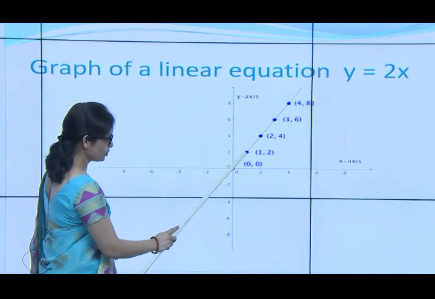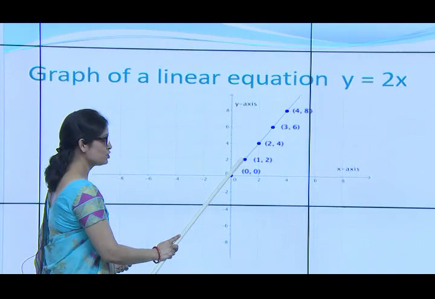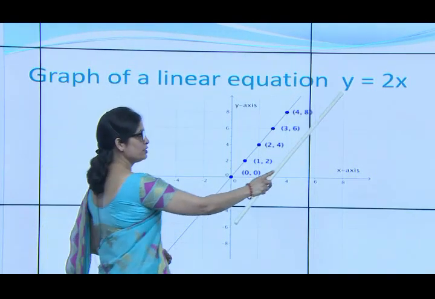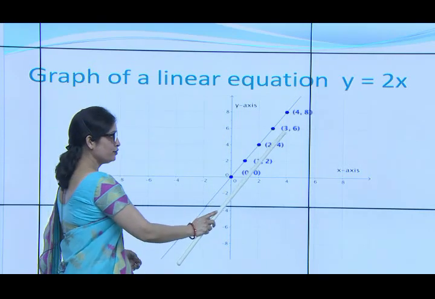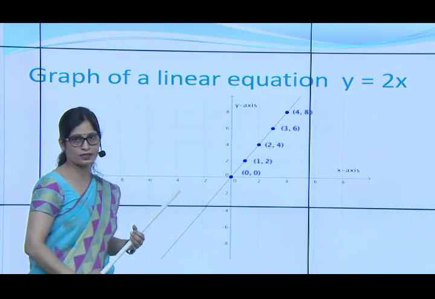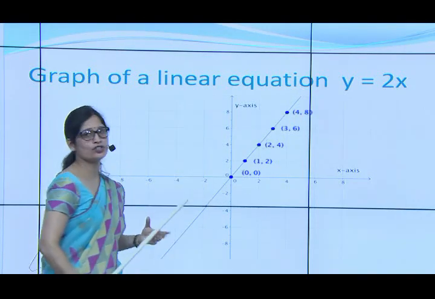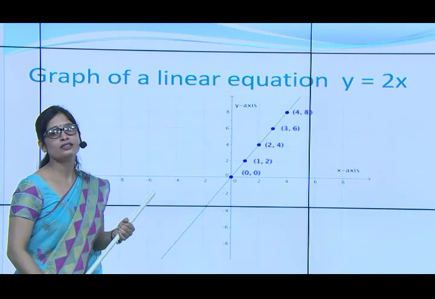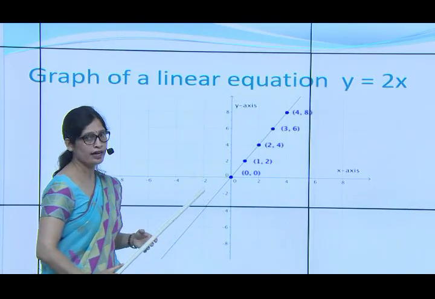If we plot this point on the graph, it will be like this. It means this point (1, 2) represents a solution of this equation. Similarly, if we take this point (3, 6), does this point (3, 6) represent a solution of this equation? The answer is yes, because this point is lying on the line.